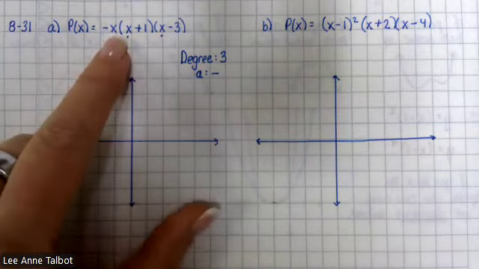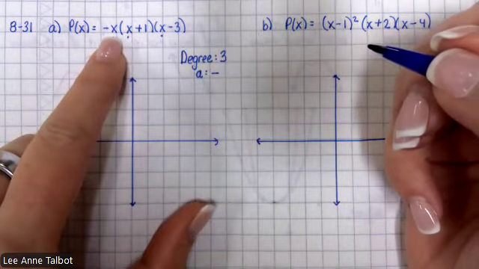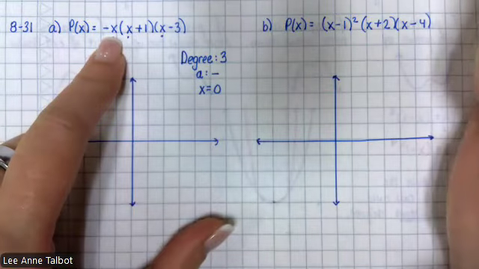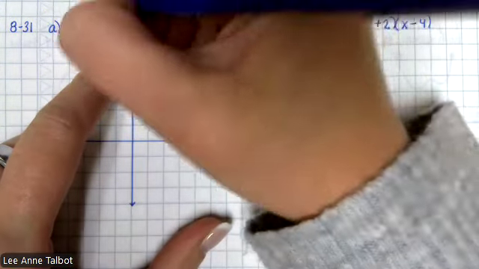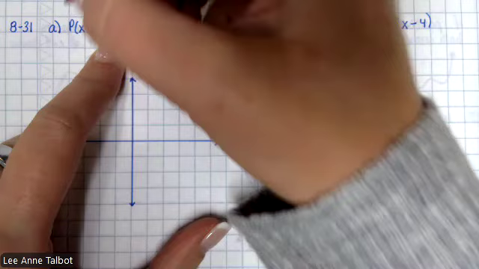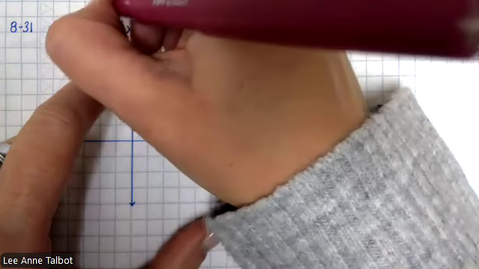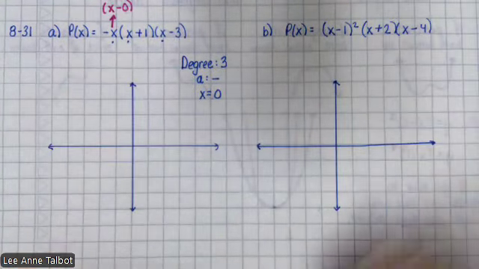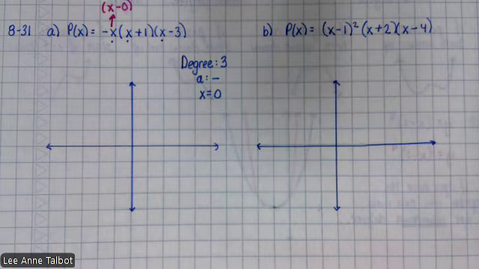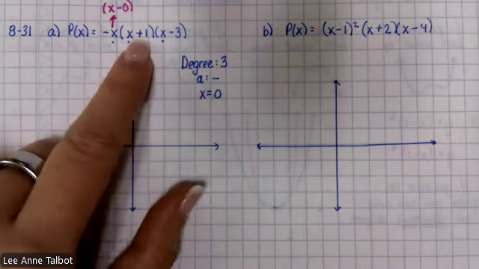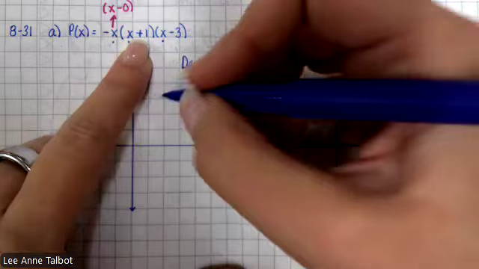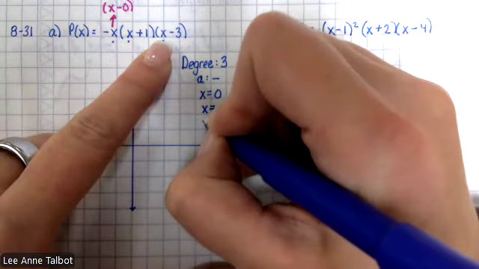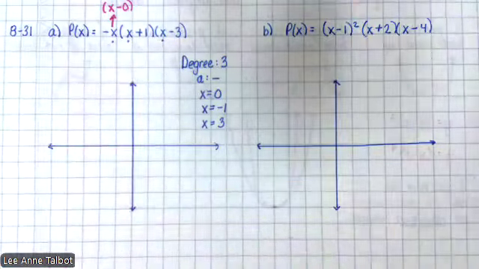Okay. My roots are, do you guys see this plain x in the front? That one is 0. And if you want to, you could write x minus 0 if that helps your brain. x minus 0 is just x. This one is x equals -1, and this one is x equals +3.